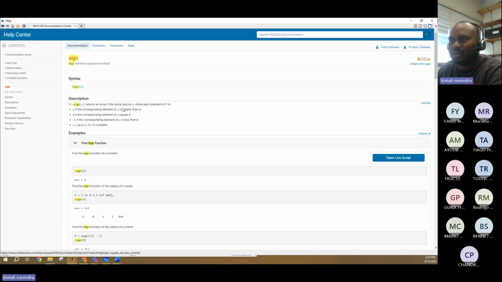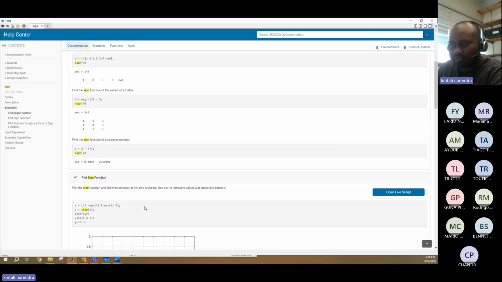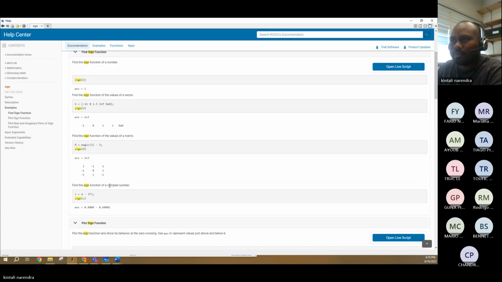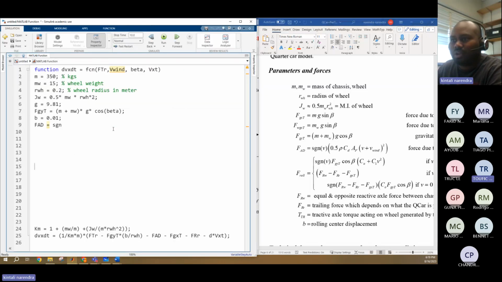If you go inside, it will give you two details. Here sign of 2 is 1, whereas if you take sign of -2, it will be -1. So you need SIGN.